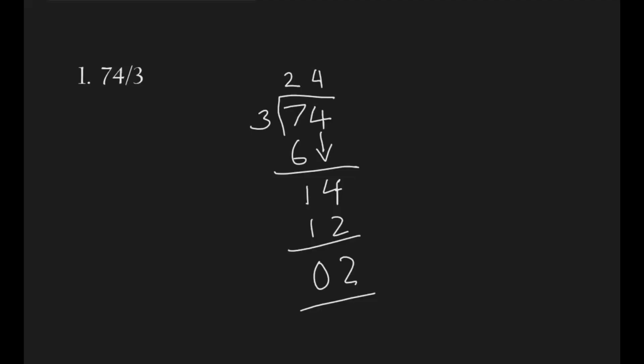So what we're going to do is check our answer. So how do you do that? Well, we got a 24. And usually when you get a quotient or an answer to a division problem, we multiply our quotient and our divisor.